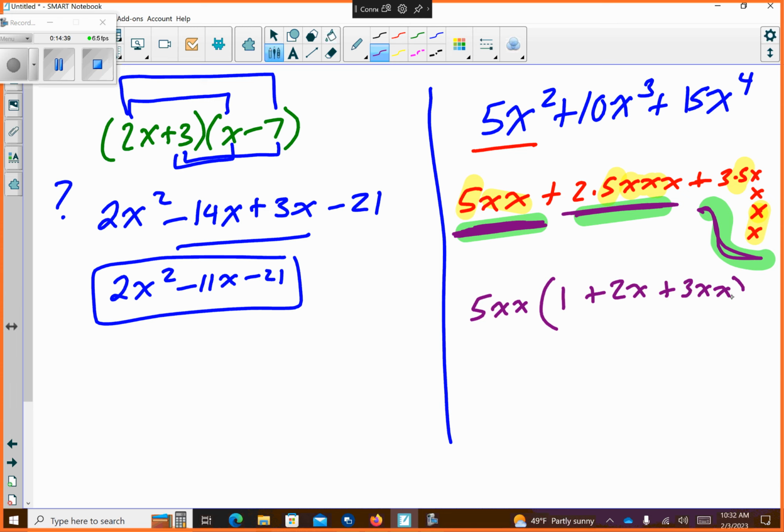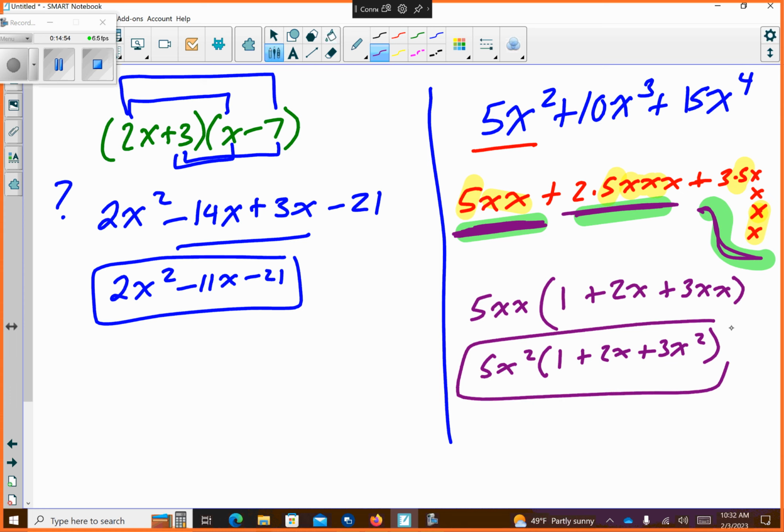Okay? So let's clean it up. 5xx is 5x squared. 1 plus 2x plus 3x squared. It's done. So is there a difference between multiplying polynomials and factoring them? Yes. Okay.